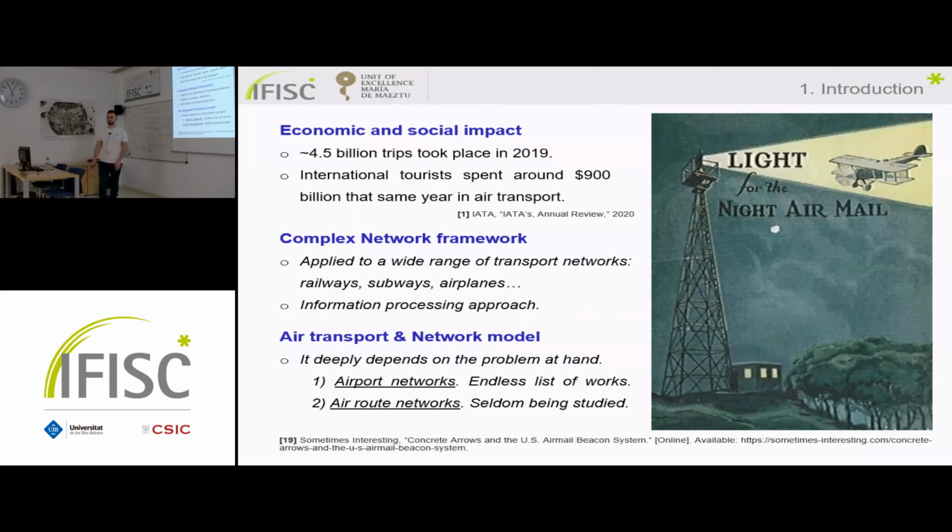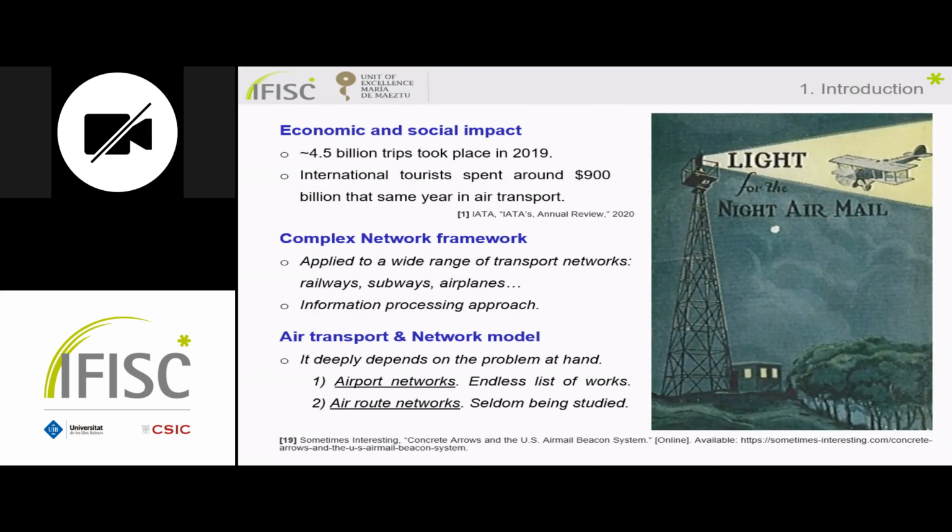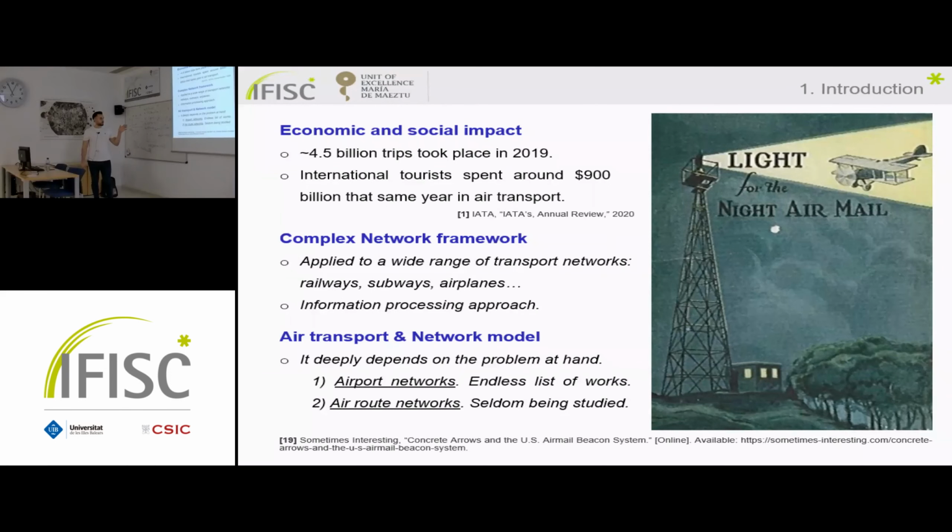This allows us to disregard individual details and put the focus on the global properties of the system. Regarding air transport, through the literature, different representations have been used to model these kinds of systems. The most popular one is that of airport networks, but there are other possible alternatives, like the one we are going to see here, of the structure of networks that regulate flight trajectories.